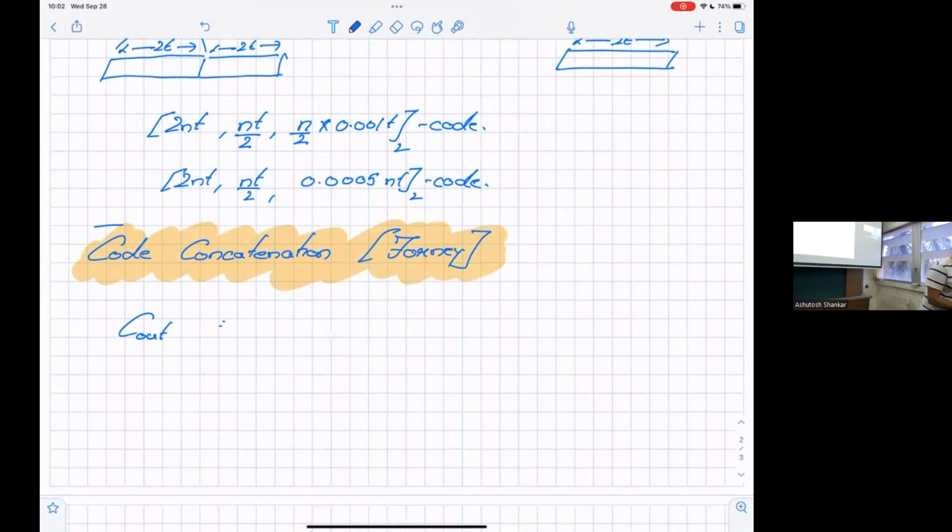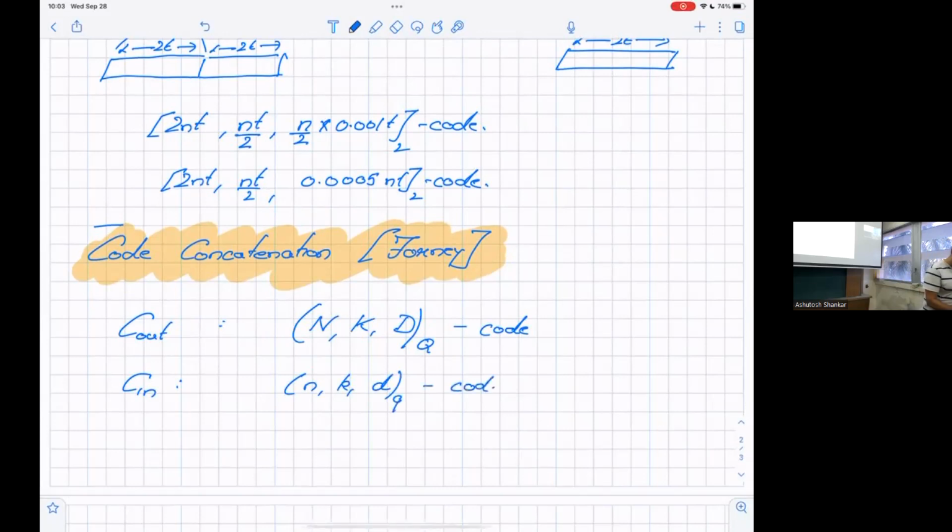So suppose we have an outer code, which is an N K D code over the alphabet capital Q. And we have an inner code C in, which is an n small k small d code over the alphabet small q.